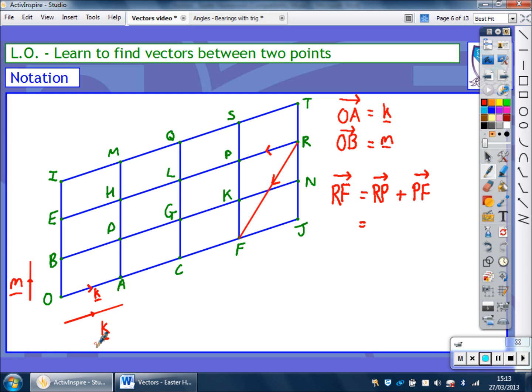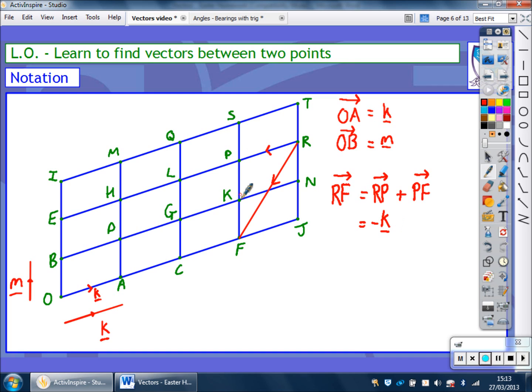It's one of the two properties of a vector. So if we're going from R to P, then we're still going along the same line as vector k, but because it's in the opposite direction, it's just going to be minus k. Okay, so if you go in the opposite direction to a vector, it is the same vector, but it's negative.